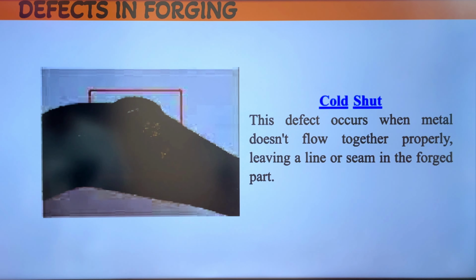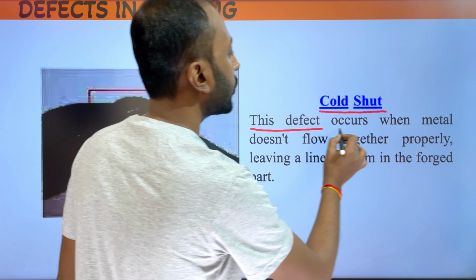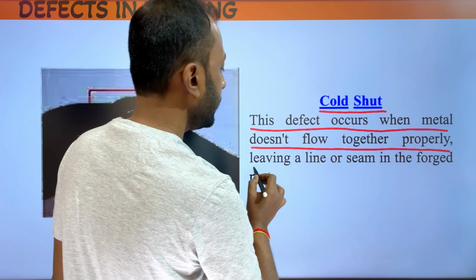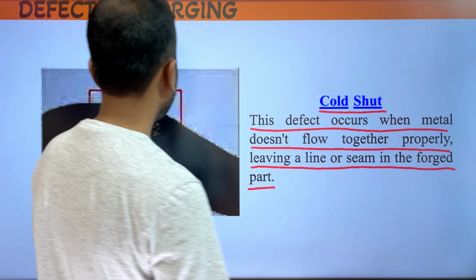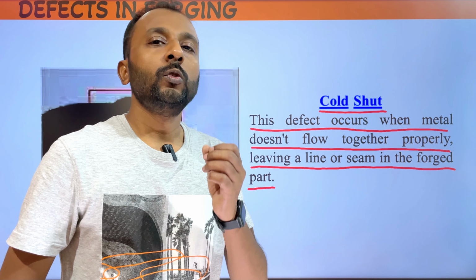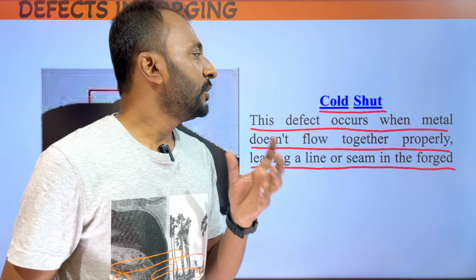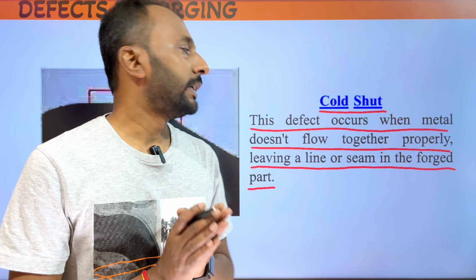Next is cold shut. This defect occurs when metal doesn't flow together properly, leaving a line or seam in the forged part. Cold shut happens when we are doing closed die forging operation and the metal flow is not proper inside the closed die.